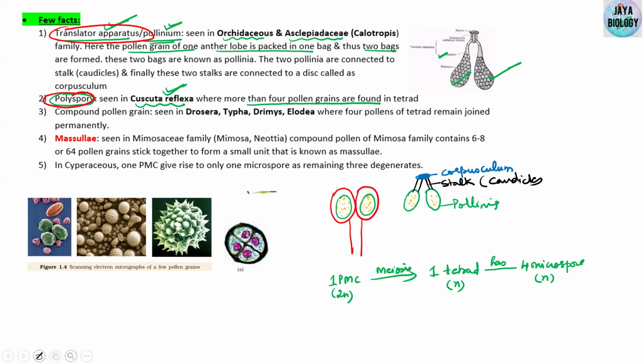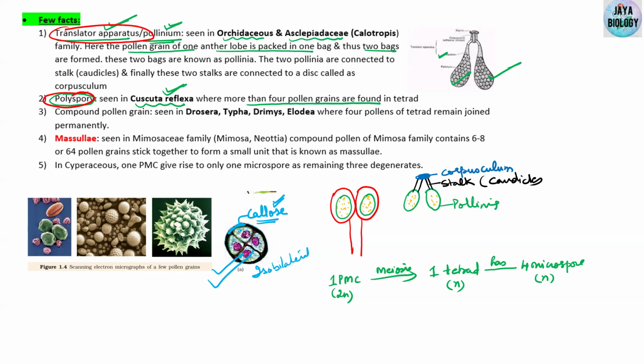Clear? Now, this is the NCERT diagram, check carefully. You are finding this is an isobilateral tetrad. Clear? And this black color which is present around it, what is this? It is callose. For this, we will explain how callose formation is done or why it is done. In this tetrad, only 4 microspores are there.